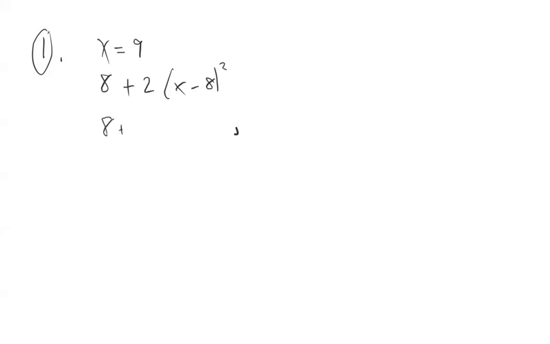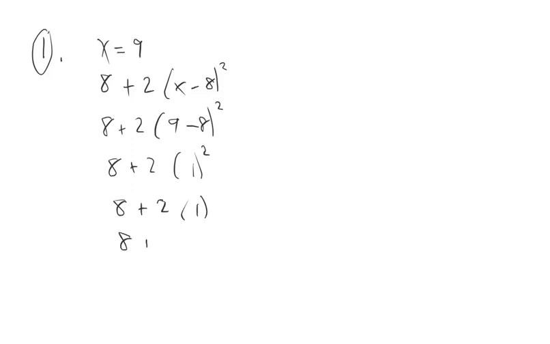Since x is 9, you plug in 9 for x, and you get 8 plus 2 times (9 minus 8). You do the inside of the parentheses first, 9 minus 8 is 1. Then you do the exponents next, so 1 squared means 1 times 1, which is 1. Then you do multiplication, so 2 times 1 is 2. Then you do addition, so 8 plus 2 is 10.